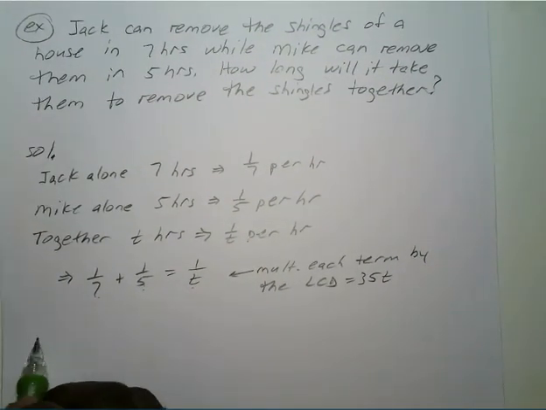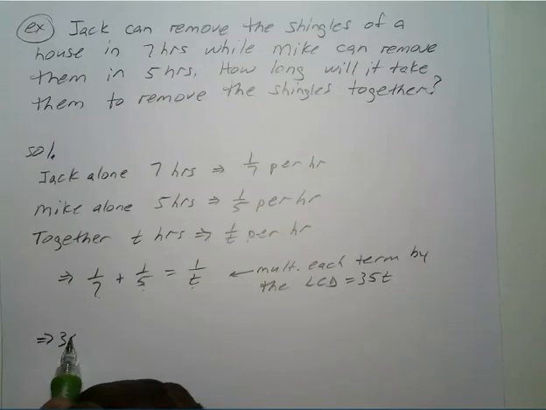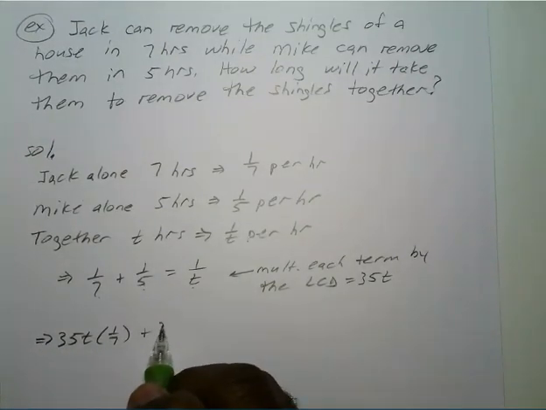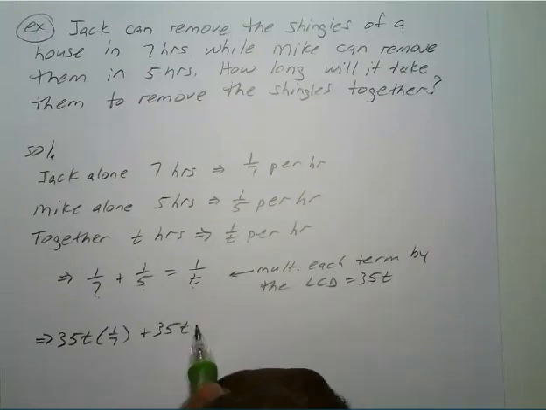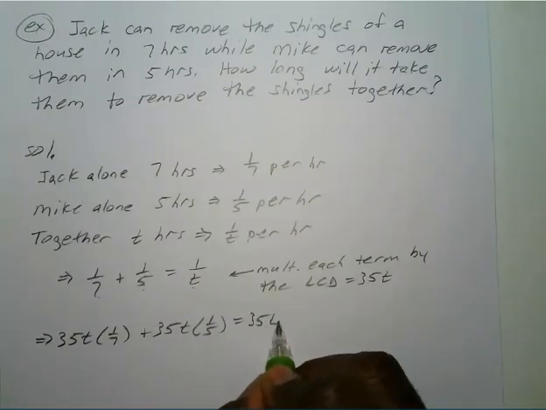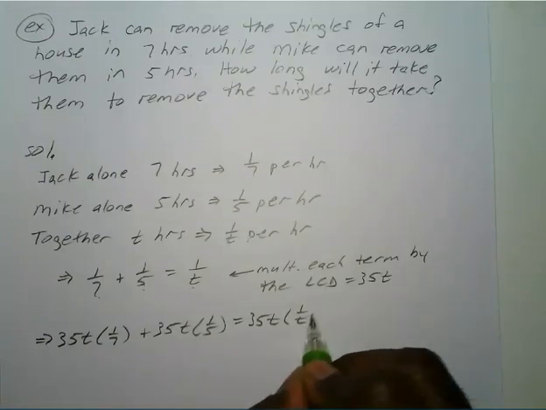So that gives us 35t times 1/7 plus 35t times 1/5 is equal to 35t times 1/t.